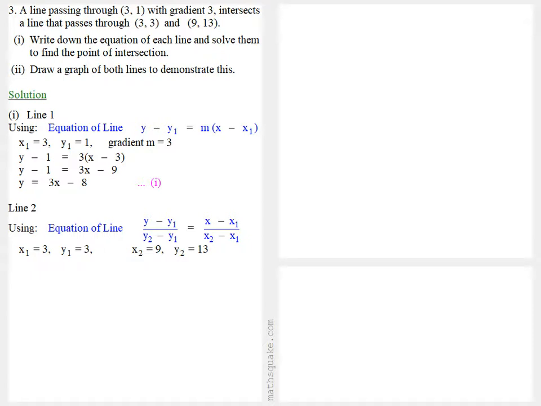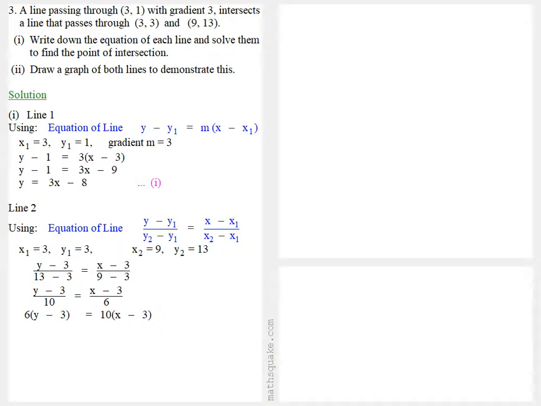Substituting gives us y minus 3 over 13 minus 3 is equal to x minus 3 over 9 minus 3. In other words, y minus 3 over 10 equals x minus 3 over 6. If we cross multiply, that gives us 6 into y minus 3 equals 10 into x minus 3.